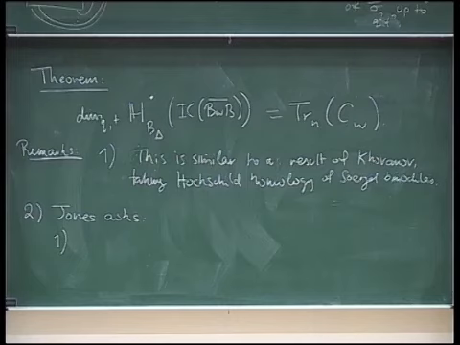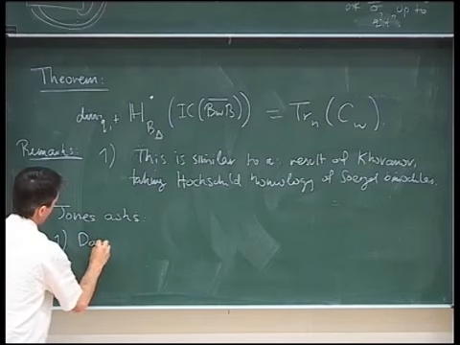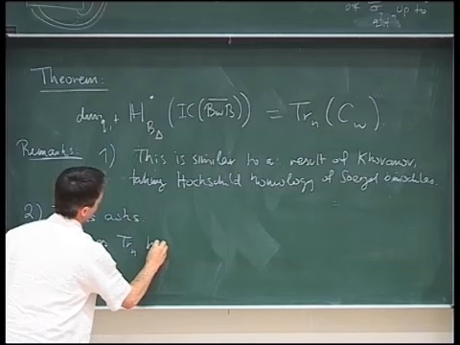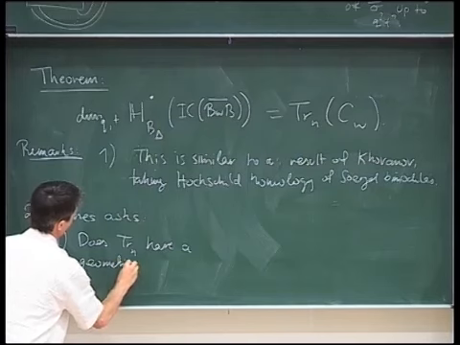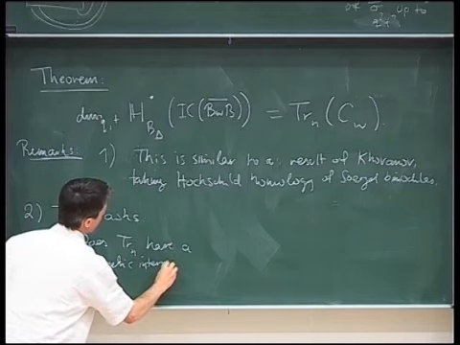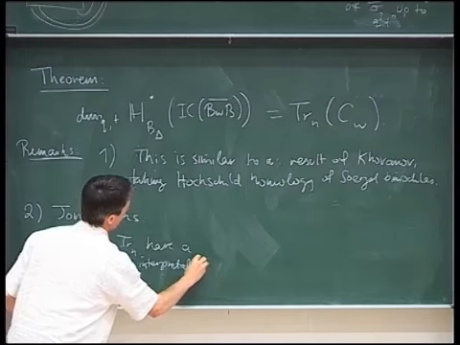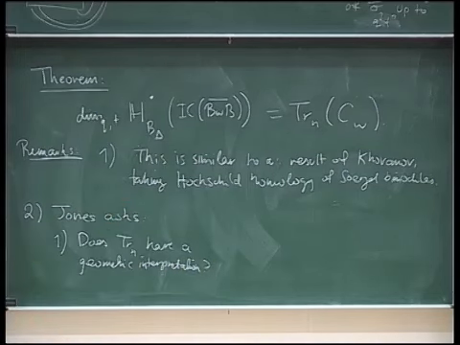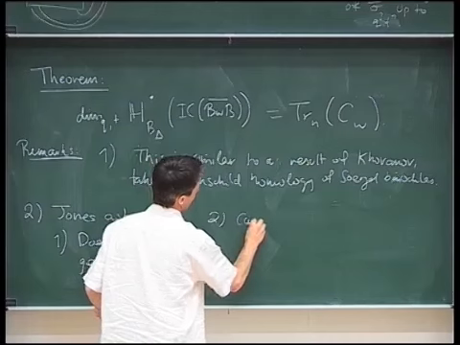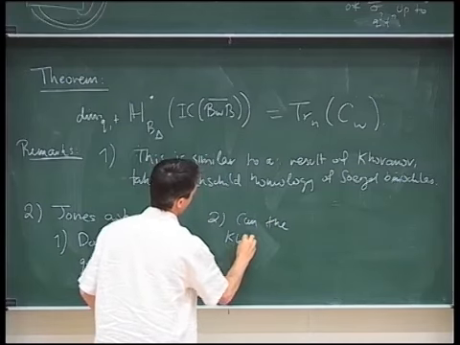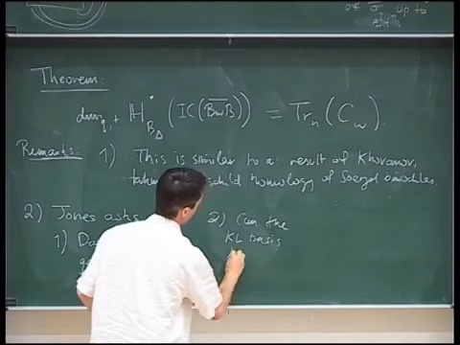He asks, firstly, does tr_n have a geometric interpretation? So geometric for him means something very different to geometric here, but the second thing that he asks is that can the KL basis be used?